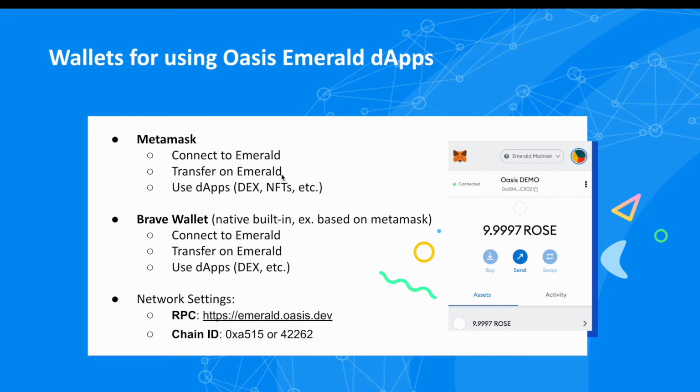You can transfer on the Emerald network, which means between Ethereum compatible accounts. If you have, for example, Yuzu tokens and you want to send them to a friend, or maybe you want to do some swaps, use some DEXs, or mint NFTs. Whatever you want to do on Emerald, these are the wallets to use with the Emerald network.